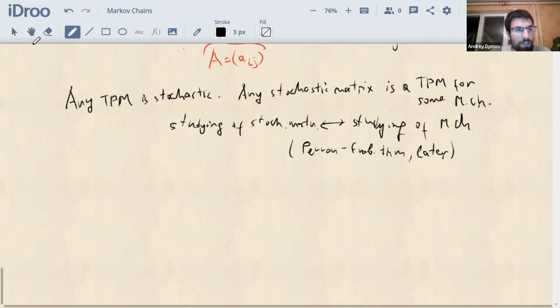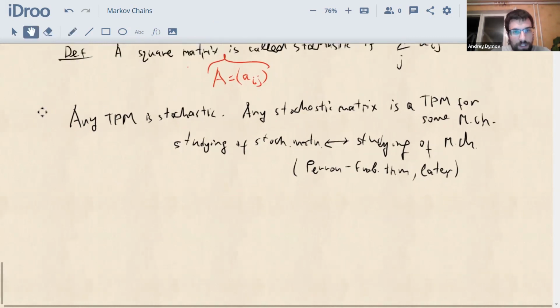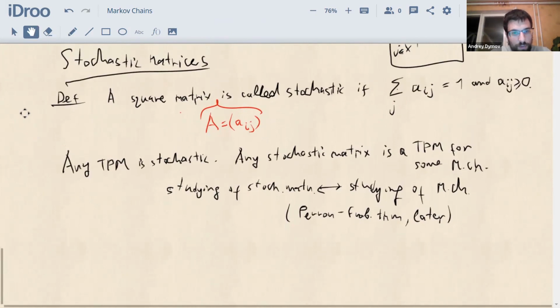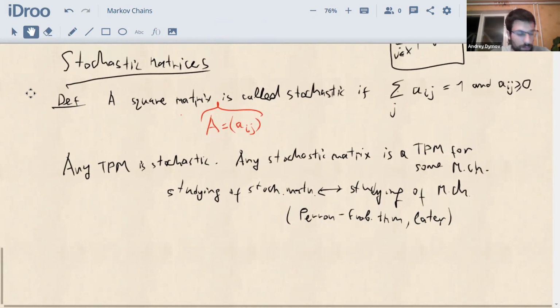So let us discuss some properties of stochastic matrices. I mean, this is simple and not very interesting, but I think that it is worth being mentioned. So I will formulate several assertions, but I will not prove them.